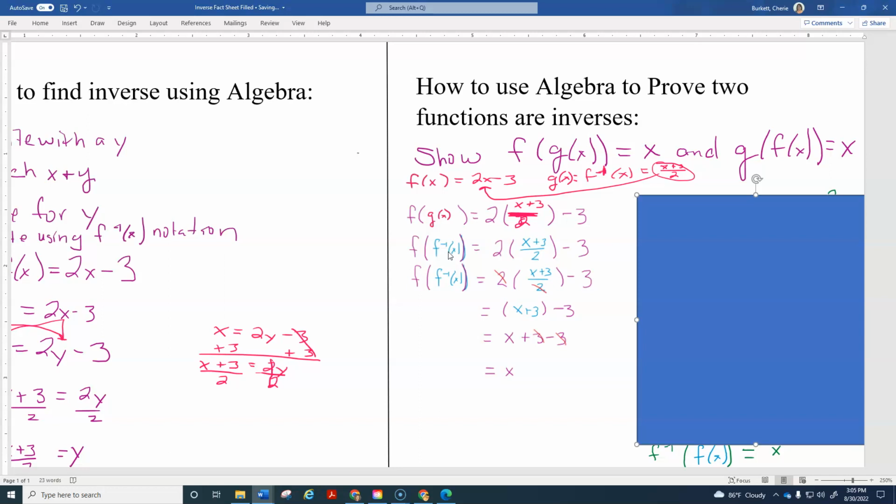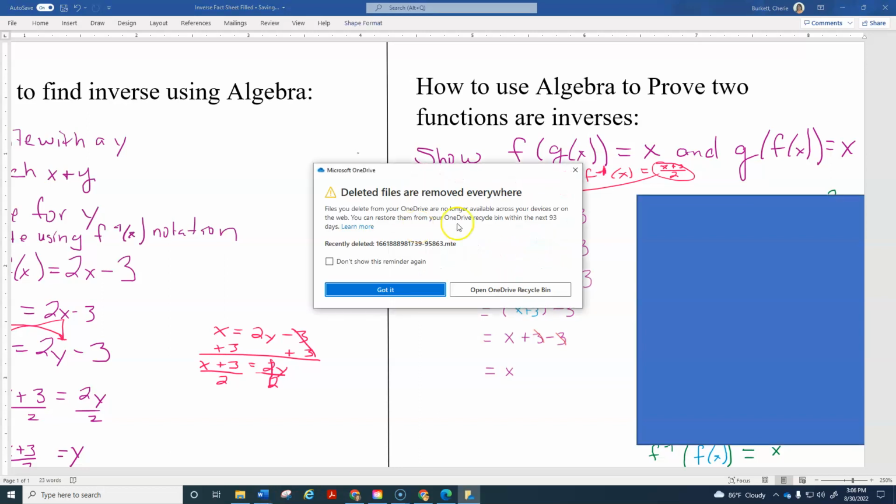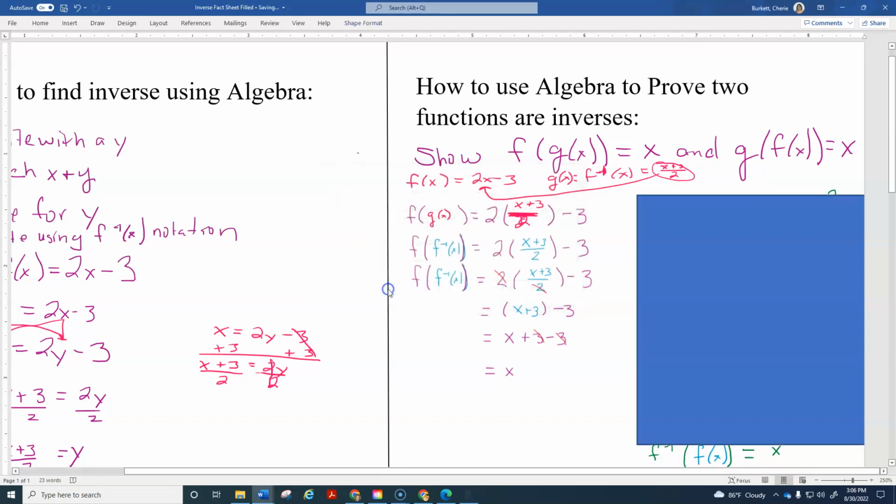That leaves me with x plus 3, which was my numerator right here, minus 3. Well, there's nothing happening inside the parentheses right now, so I can drop it. So if you have a plus 3 and a minus 3, that simplifies down to x. So here's the example of starting off with the f function and then plugging in the g function into the x and then simplifying, and it's simplified down to x.